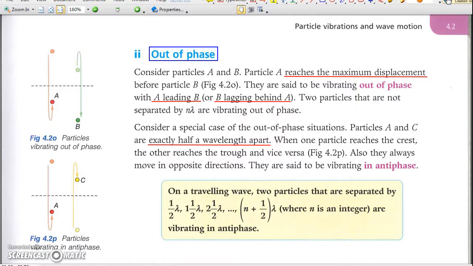Their displacement, velocity, and acceleration are exactly opposite to each other. They are vibrating exactly out of phase, or vibrating in antiphase. The separation between A and C, which are exactly out of phase, must be (n + 1/2)λ.